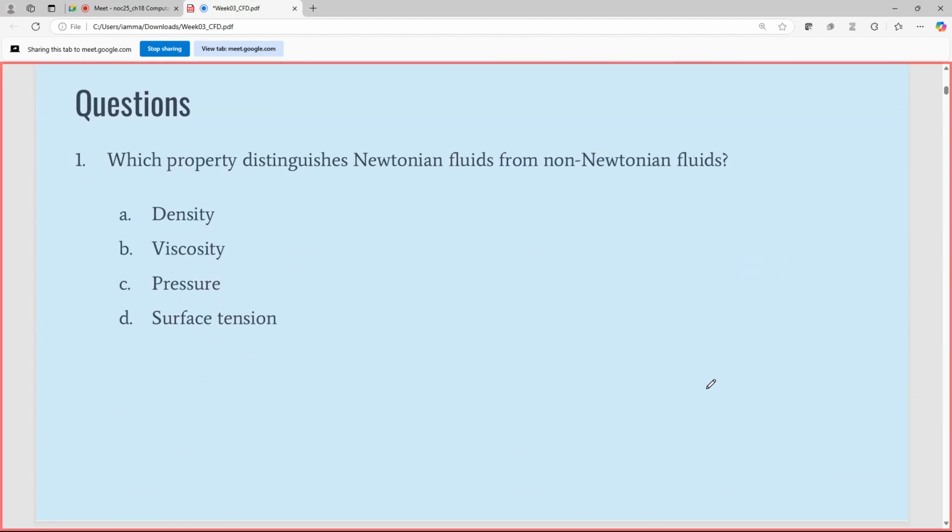I will read out the questions and give you some time to think and answer. You can inbox your answers in the chat box, and then I will explain the difference or more about the question. Let's start. First question: which property distinguishes Newtonian fluids from non-Newtonian fluids? Fairly simple question. Options are: option A, density; option B, viscosity; option C, pressure; option D, surface tension.